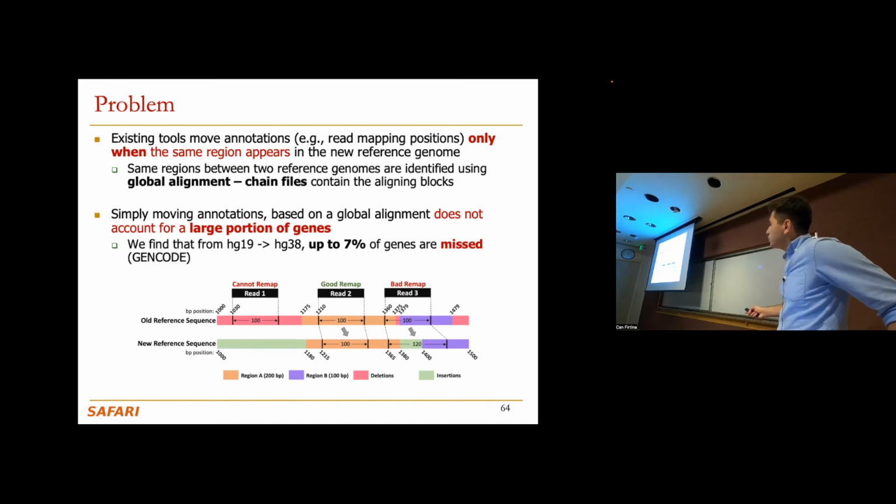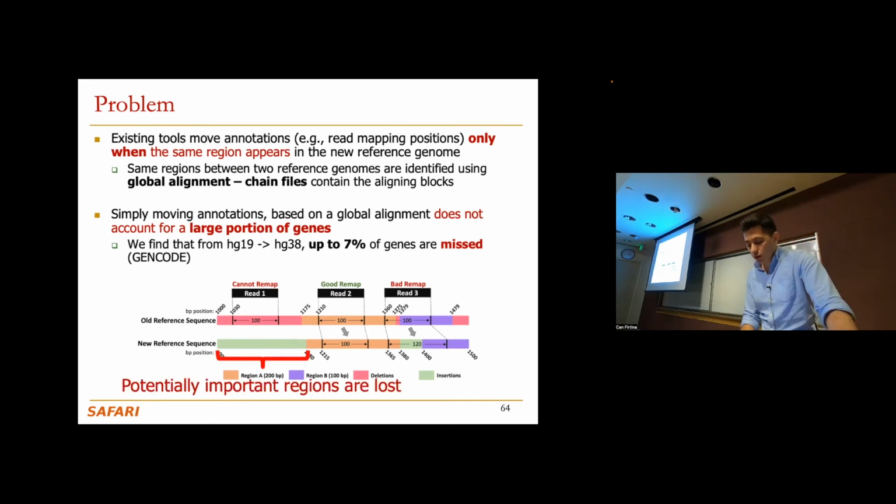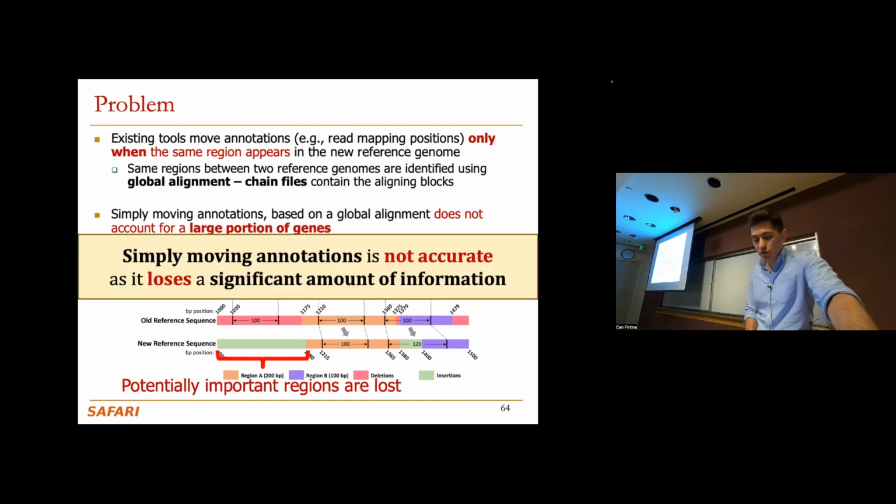If you were simply moving the positions between constant regions, the exactly matching regions, then you will be losing these genes that would affect your accuracy. There are potentially important regions that are lost while moving the positions. So simply moving annotation is not accurate, as it loses a significant amount of information.